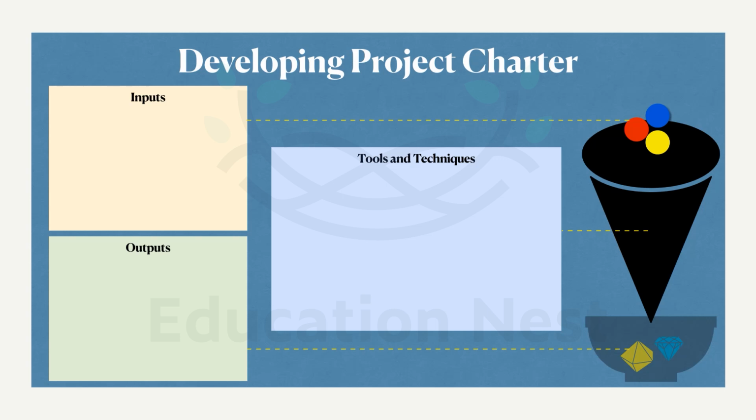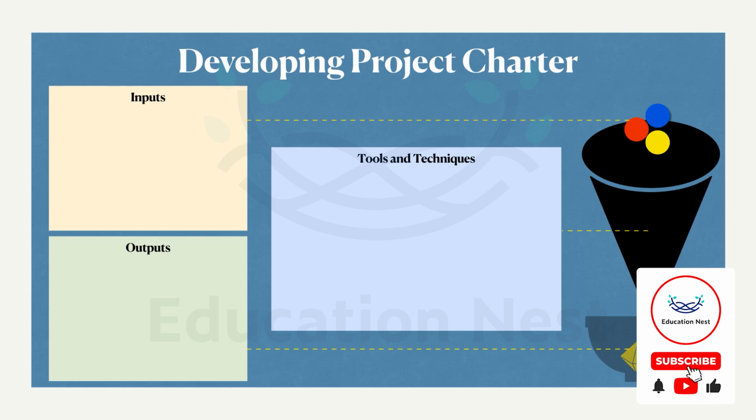So my suggestion to you is to start understanding the outputs first. Not the inputs. Learn what your goal is first, and then understand what inputs I have to use to achieve those outputs, and then look at the tools and techniques that you need to convert these inputs to outputs. I hope it's clear to you. I didn't confuse you. You'll understand this method as I start explaining each process.